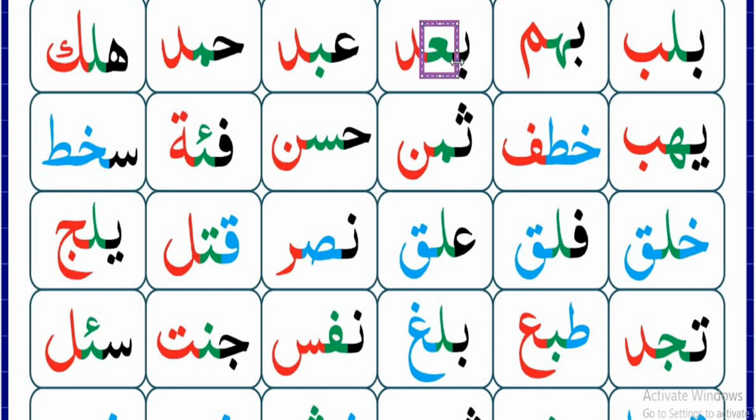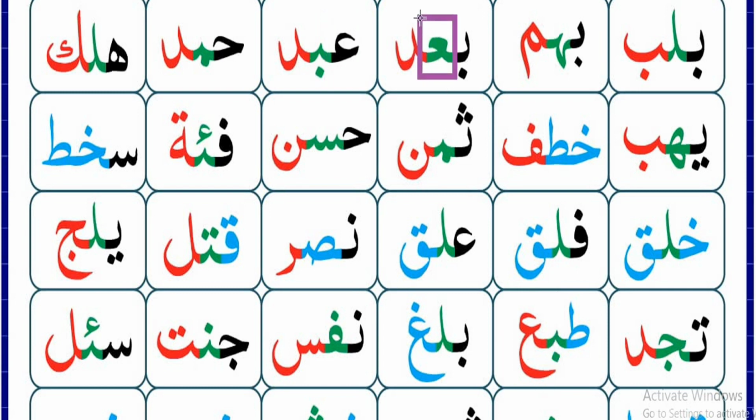So ayn, if it is in the middle of the word, if it is connected to both sides, then the shape of ayn will be this one. So ayn at the beginning would be this shape, ayn at the end would be the full shape of ayn, but ayn in the middle would be this shape.